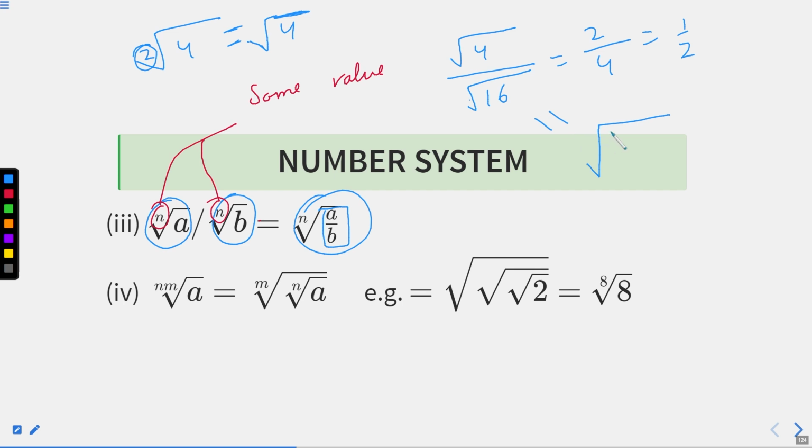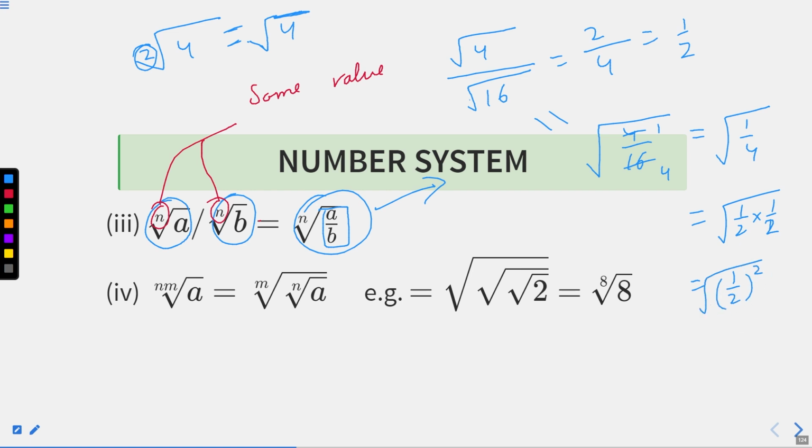So root of 4 by 16, from this law, is equal to root of 1 by 4, and I know that 1 by 4 is 1 by 2 times 1 by 2, which is equal to 1 by 2 whole squared, so the root is 1 by 2.